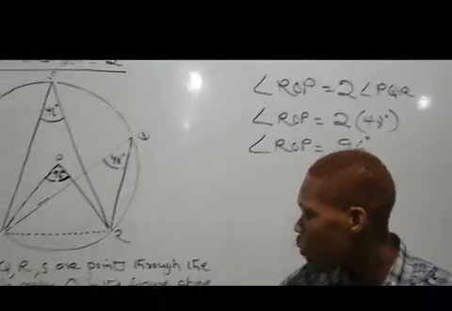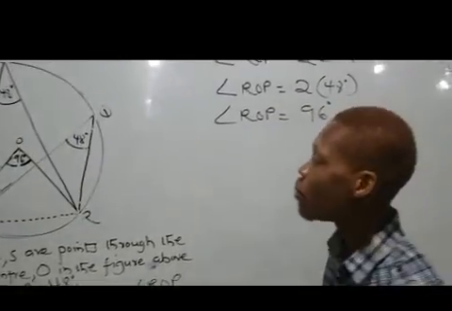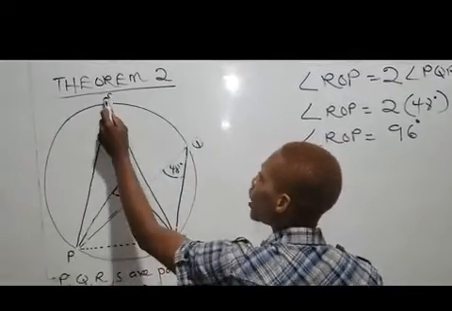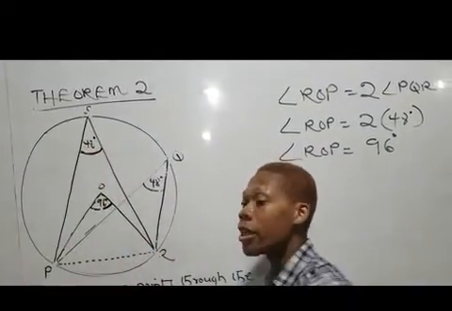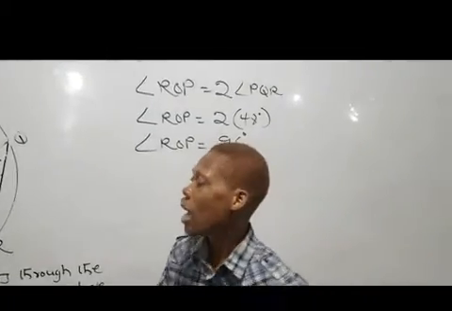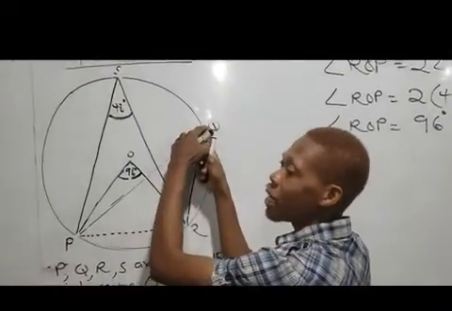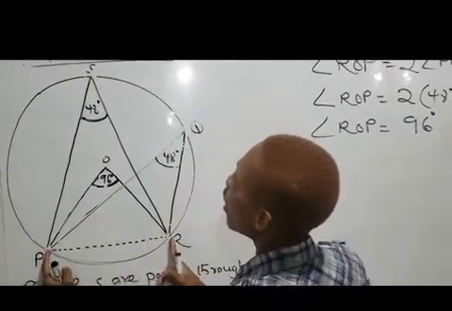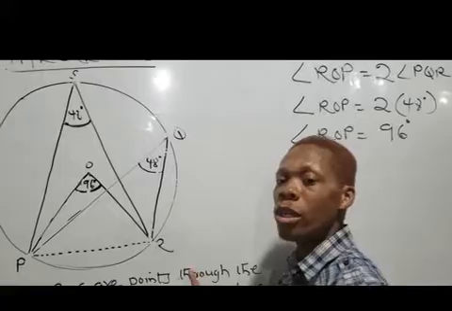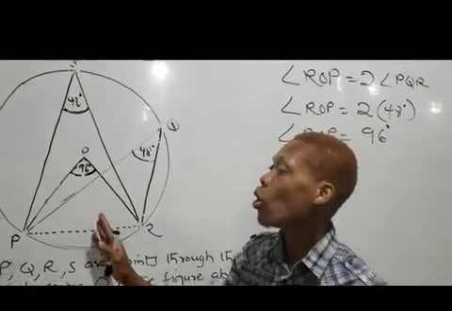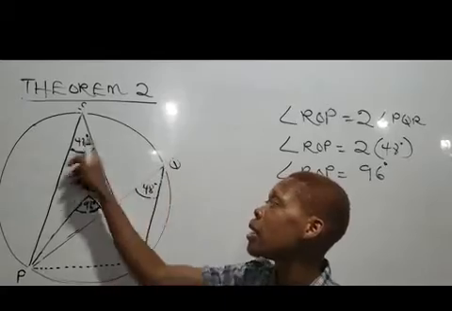The next question says we should find the size of angle PSR. PSR. So follow the points. Point P, point S, point R. So that is the angle at the circumference here. And I've already explained that. Chord PR is subtending Q at the circumference. The same PR is subtending S also at the circumference. So the angle, that is theorem 2, the angle that a chord or an arc will subtend at the circumference in the same segment are equal.